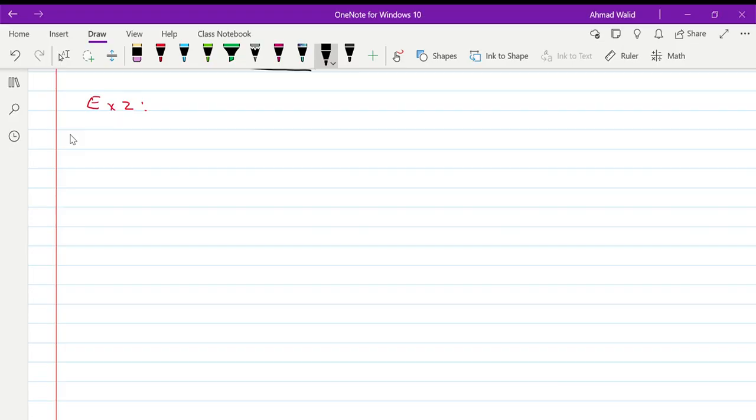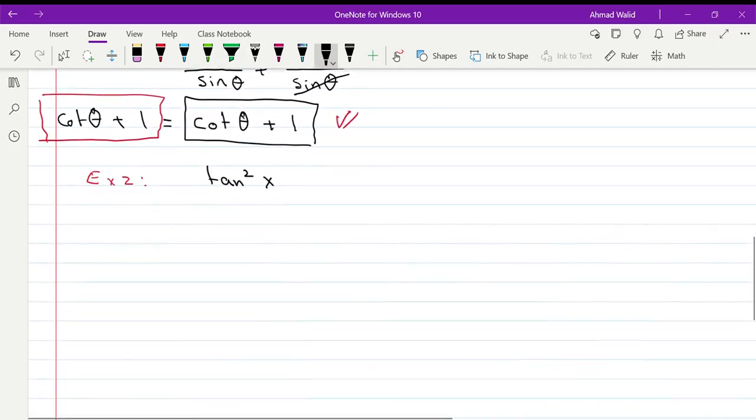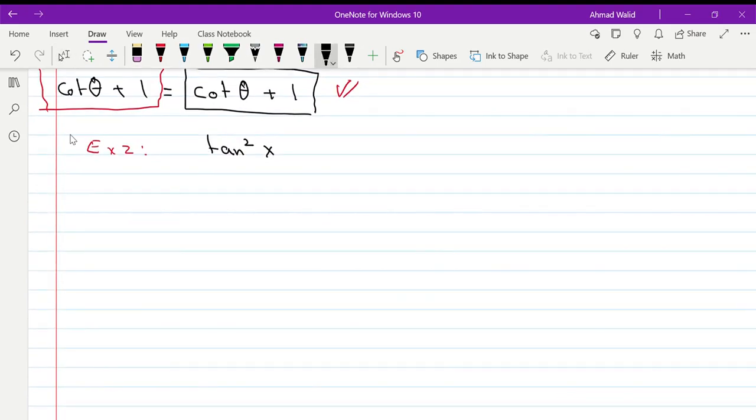Verify that the following equation is an identity, and the equation is given as tan squared x times 1 plus cotangent square x equals 1 over 1 minus sine squared x. Here they are using x instead of theta, while the first one was in terms of theta.